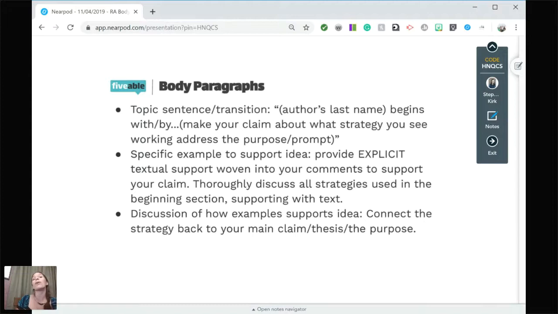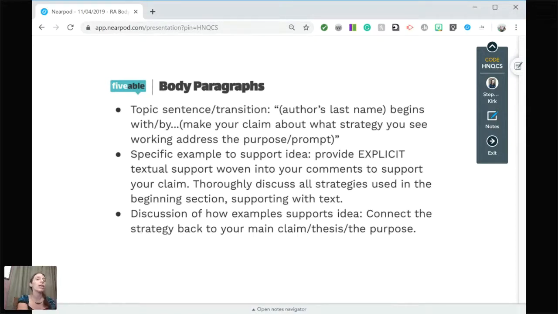You want to make sure that you thoroughly discuss all of those strategies in the beginning section and support it with text, okay? Sounds easy, doesn't it? Your discussion needs to center on how the example supports these ideas. So connect your strategy back to your main claim. Bring it back to your thesis. Bring it back to the author's purpose. And you want to make sure you do that with every body paragraph, okay?